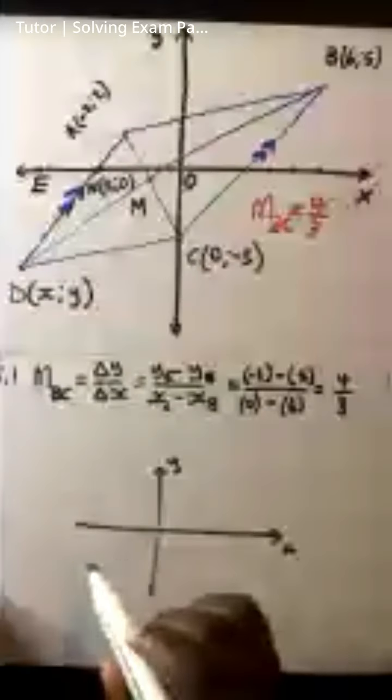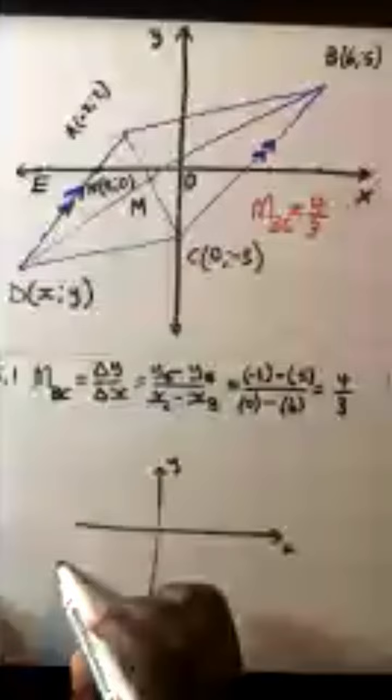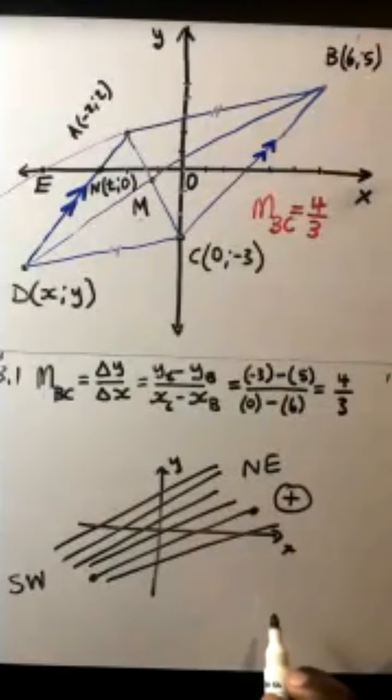For a straight line going in that direction, from south-west to north-east, your gradient must be positive. This way you are less likely to make a mistake when you substitute, ladies and gentlemen, by mixing the numbers.